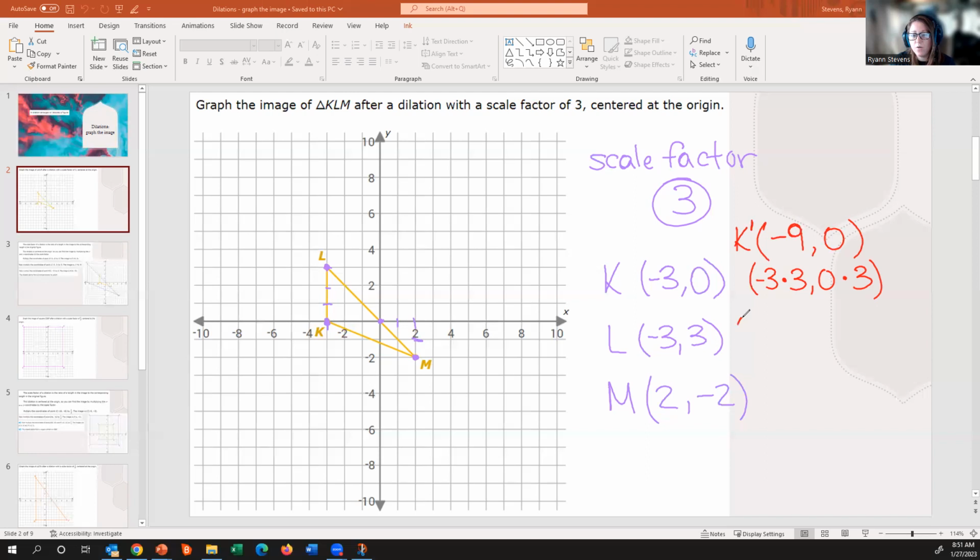Then for L, we do the same thing: -3 times 3, and then 3 times 3. -3 times a +3 gives us -9, and 3 times 3 gives us 9.